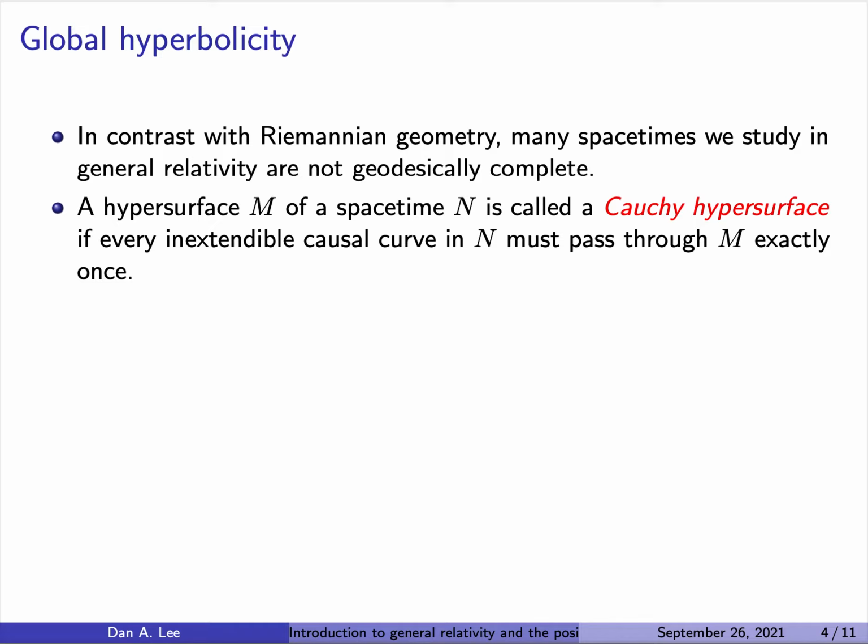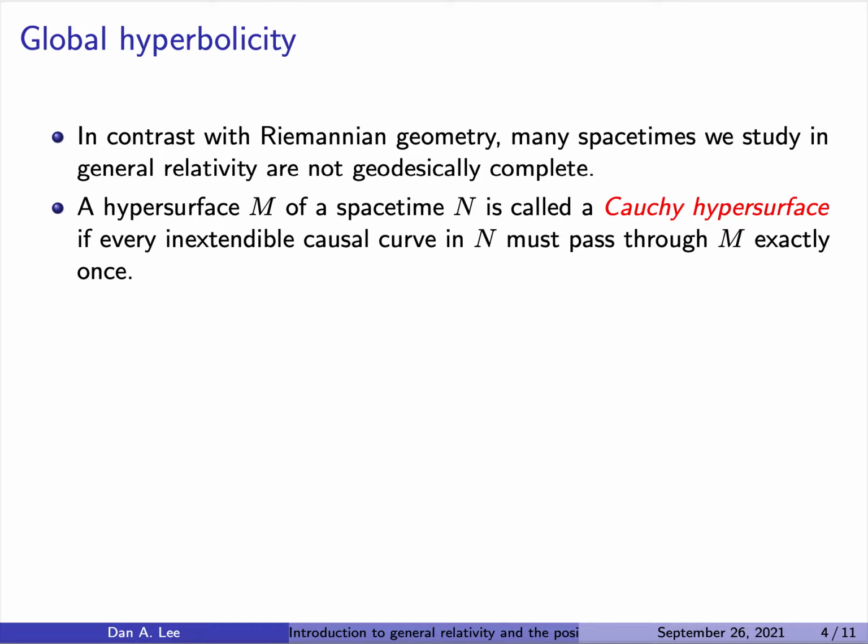What is the significance of the word causal? Well, those are things that can affect other things, because if everything moves along either time-like or null curves, that means nothing physical is moving in space-like directions, which means that if two things are only connected by a space-like curve, they cannot affect each other. Whereas two things connected by a causal curve, well, the one in the past can affect the one in the future.